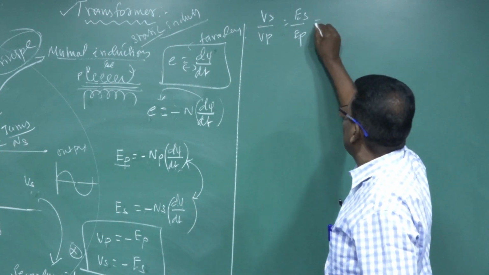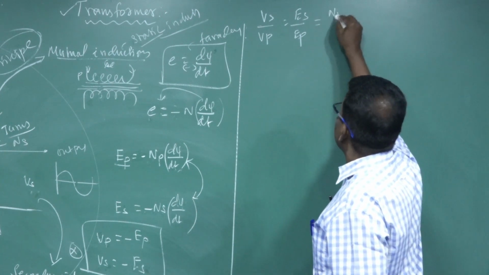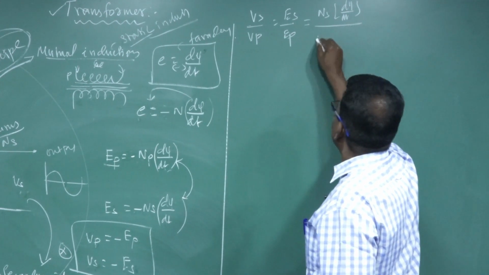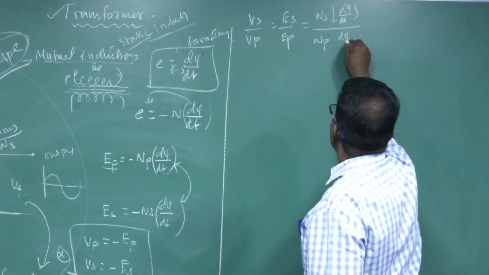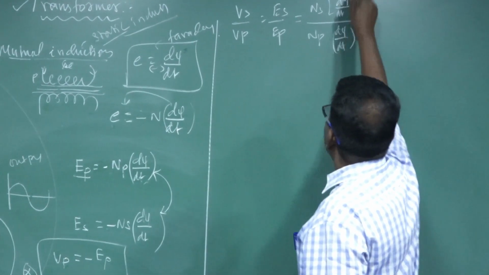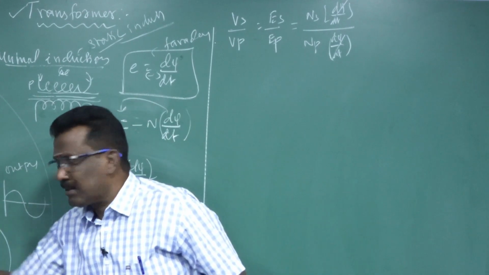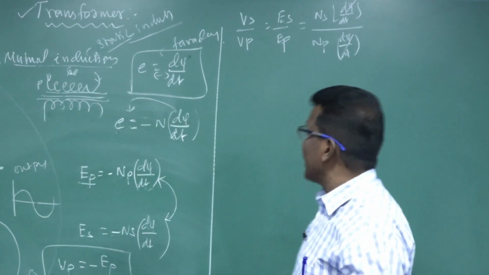The dφ by dt terms cancel because the change of flux across the primary and secondary are equal.